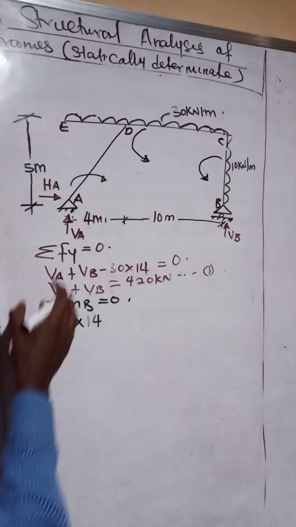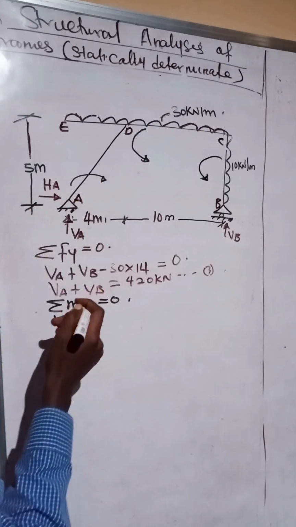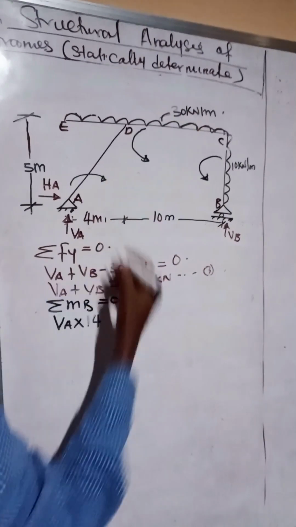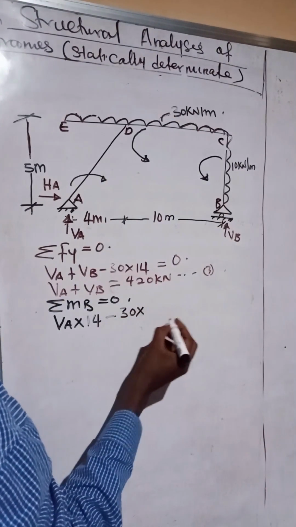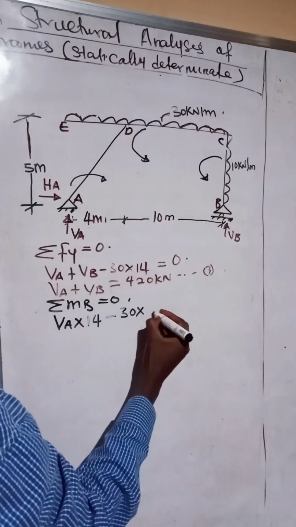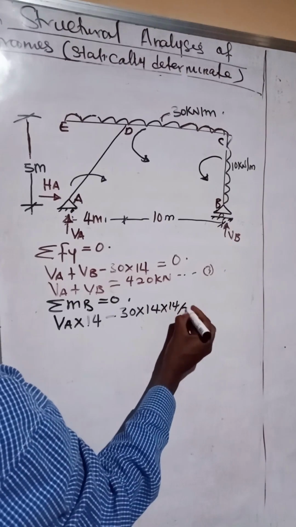So that is positive. Now we have the next one, which is 30. This one is anti-clockwise, so it's going to be negative. So we have 30 times the span here, which is 14, so 14 times 14 over 2.